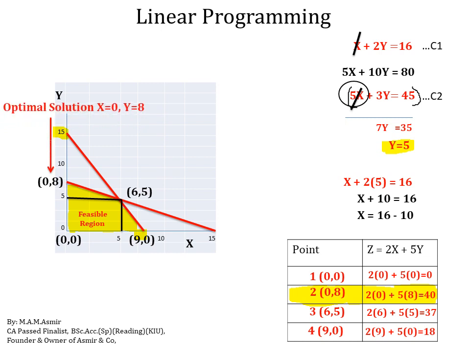At point 2 we have 0 and 8, so the function value is 2 times 0 plus 5 times 8, which equals 40. At point 3 it is 6 and 5, so the function will be 2 times 6 plus 5 times 5, which equals 37.